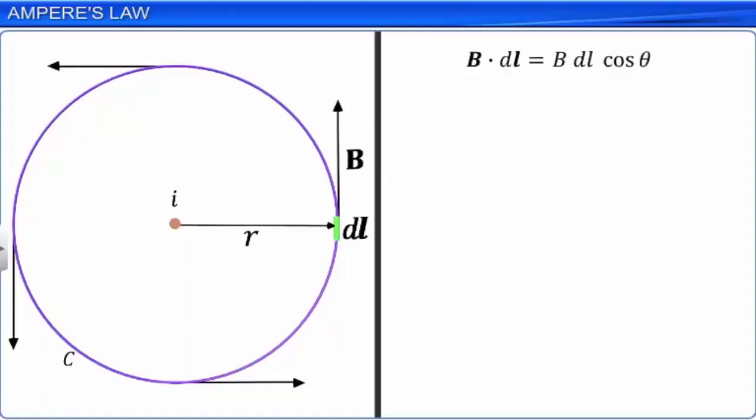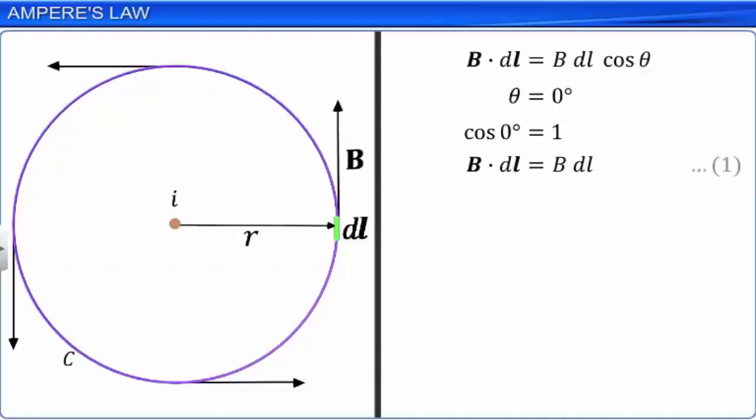Since the magnetic field and the length of the small element of the Amperian loop are in the same direction, the angle between them is 0 degrees. Cos 0 is equal to 1. Therefore, B dot dl is equal to B dl. Let this be equation 1.